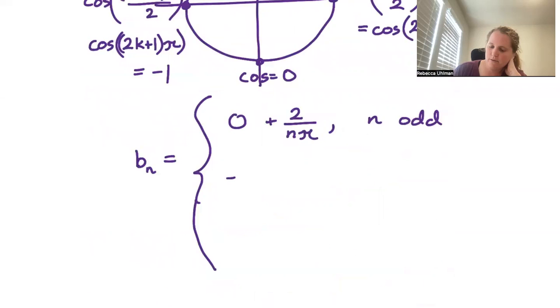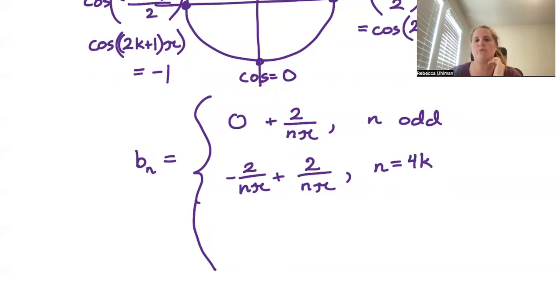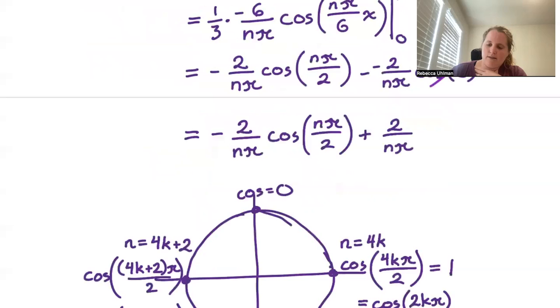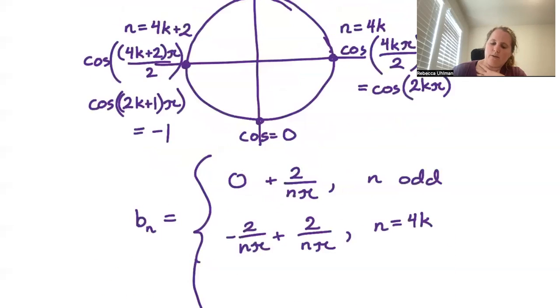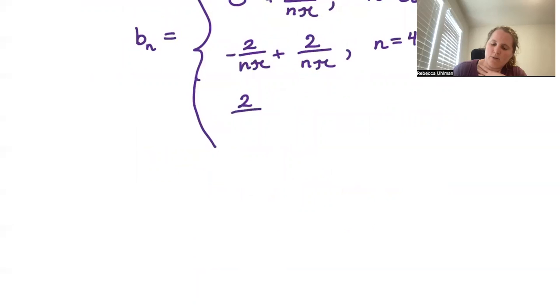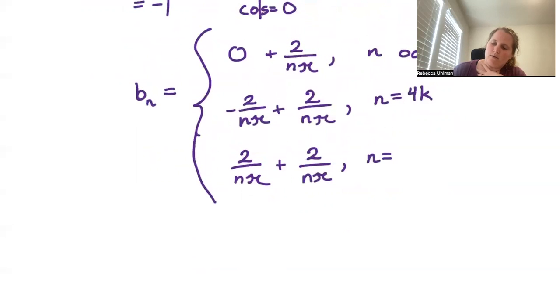We have negative 2 over n pi plus 2 over n pi in the case that n is a multiple of 4, so n equals 4k. And then we have negative times negative 1 would be positive, so we would have 2 over n pi plus 2 over n pi in the case that n is equal to 4k plus 2. I'm actually going to go with 4k minus 2, so we can start at k equals 1.